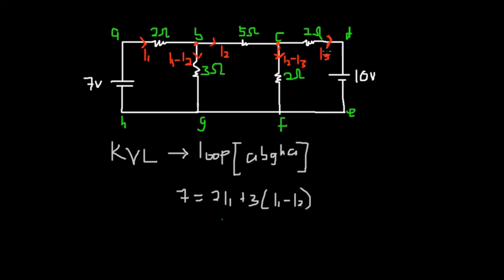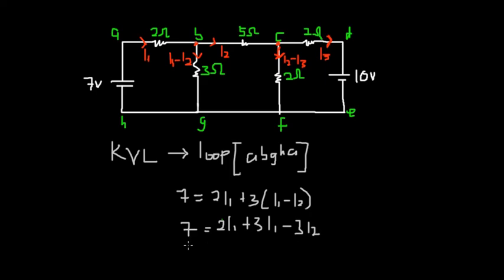Note that in case you made this the exact opposite, that's maybe the current moving in this direction, you get the same answer, but the value for the current will be positive instead of I3 being negative. Now let's move on. So we have this. When you simplify this further, you get 2I1 plus 3I1 minus 3I2.